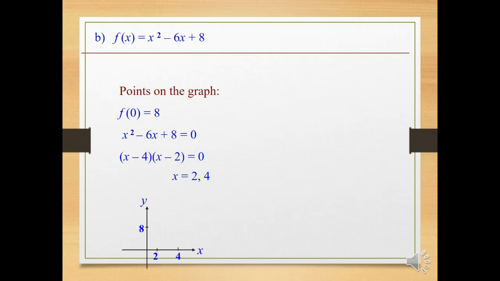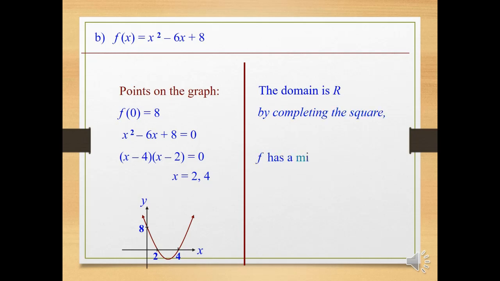When we sketch the graph, we can see that the domain is real numbers. By completing the square, f has a minimum point at (3, -1). Therefore, the range is from -1 to positive infinity.